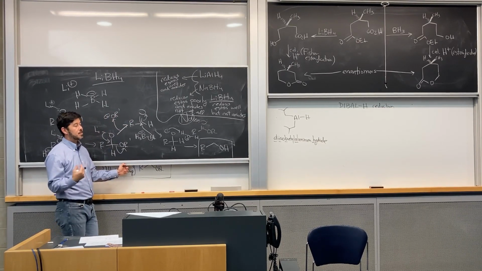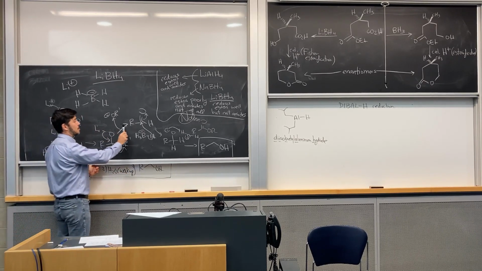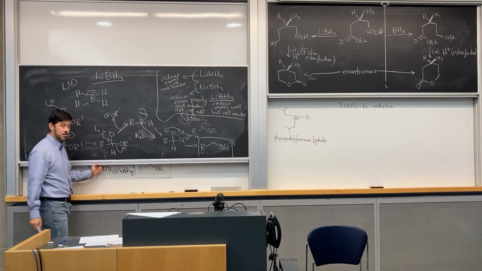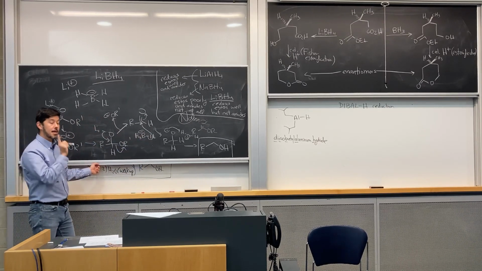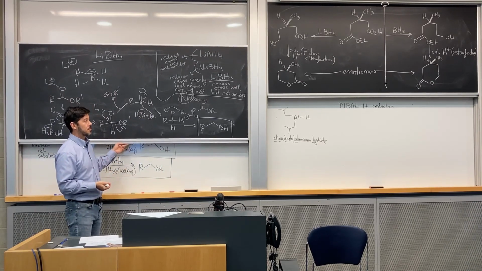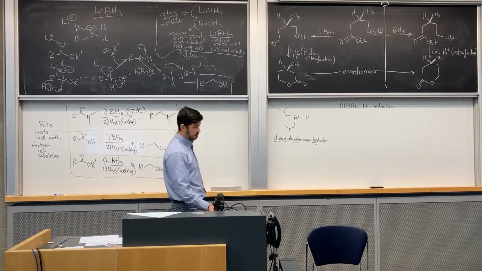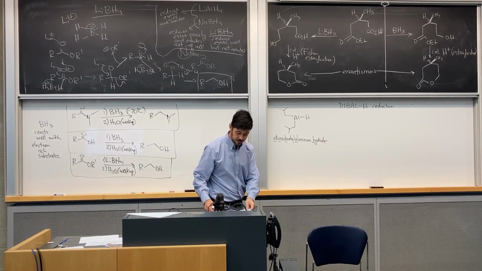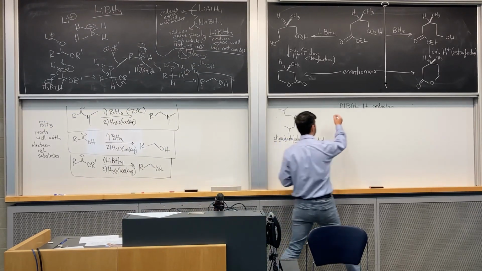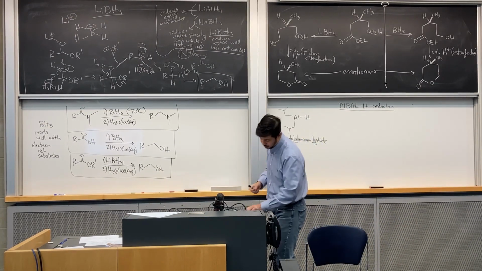So is there a system or is there a molecule in place that can actually reduce things like esters or amides and actually stop at the intermediate stage here, in this case the aldehyde? That would be very convenient because aldehydes are very useful functional groups in organic chemistry. So this is where diisobutyl aluminum hydride comes into play. And let's see how this works and how this functions.